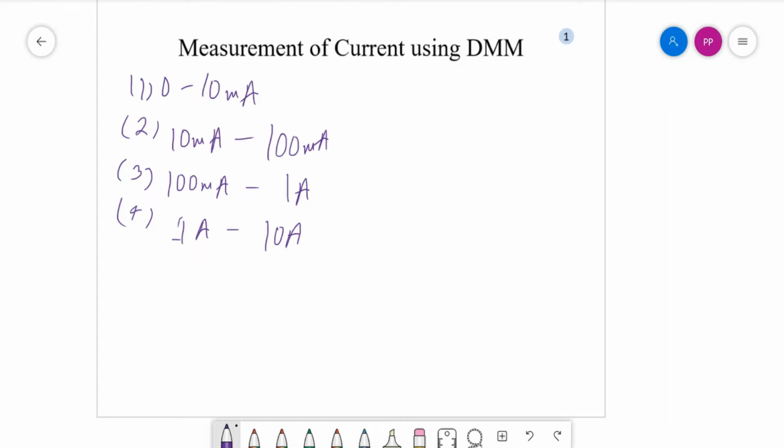So these are the four different ranges which we use for measurement of current using a selector switch.